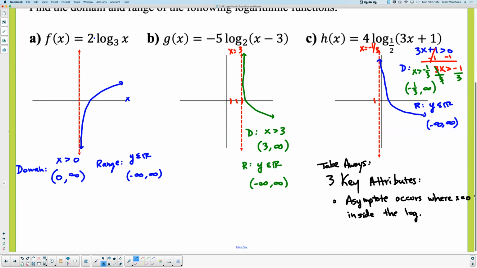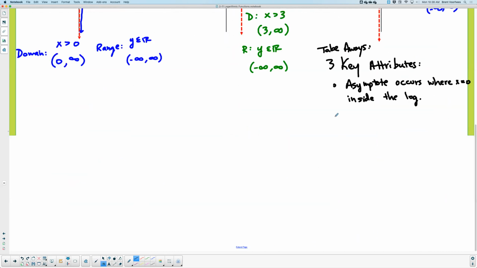The second key takeaway I want you to know is the x-intercept. Let's do the standard. The standard x-intercept is (1, 0). So why do I say standard? Start from there and then apply your transformations.